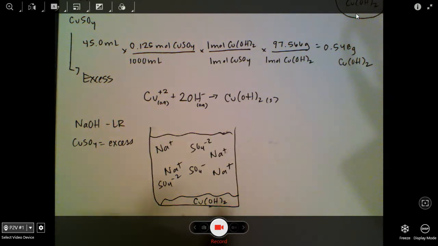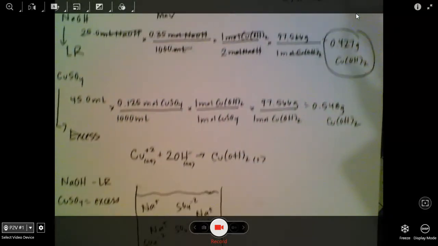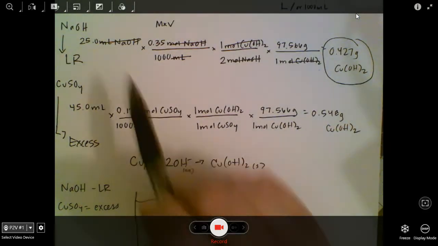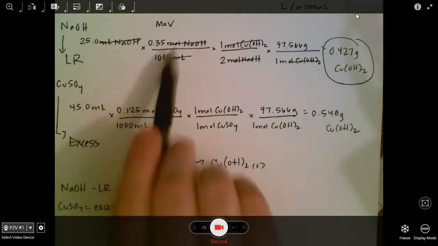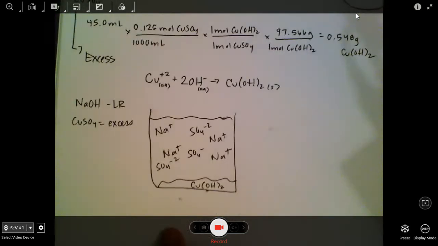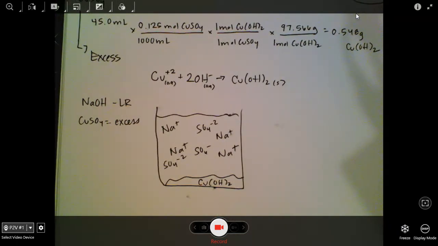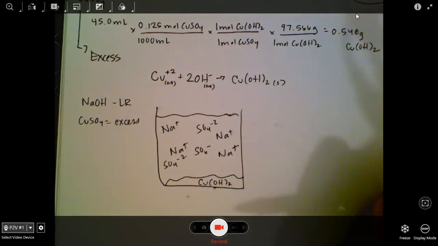Now, if you notice, I did put in one more Na, and that's because if we think about the quantity of the actual stuff in there, like the actual moles of stuff that are in there, if I take 25 times 0.35, I am going to get more moles than I am of the sulfate here. So that's where I'm getting that from. I don't know if that's going to be a huge deal, but that's something we can talk about in our meet if we have any questions about that.